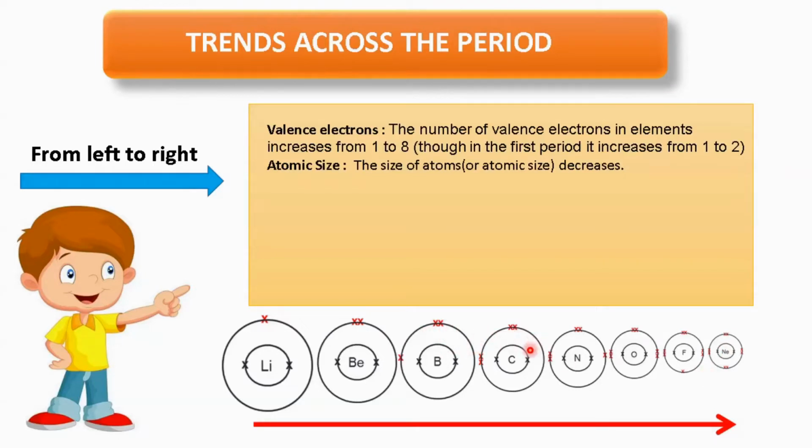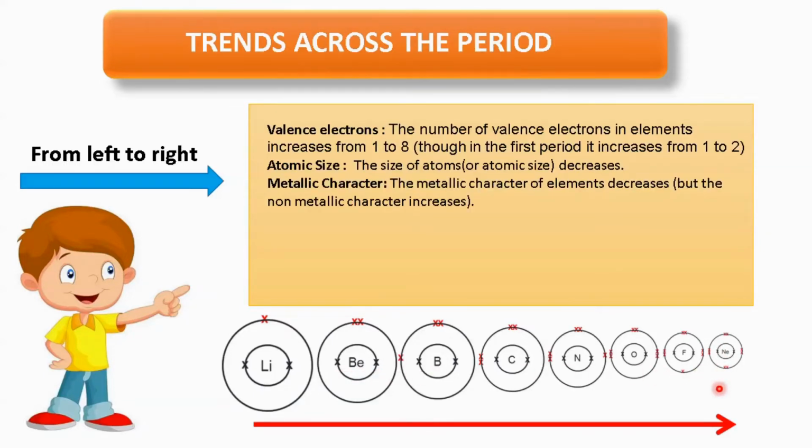Here the electrons are increasing and the corresponding protons are also increasing within the nucleus, which increases the force of attraction between the nucleus and the electrons, and this pull is very strong, which decreases the size of the atom from left to right.